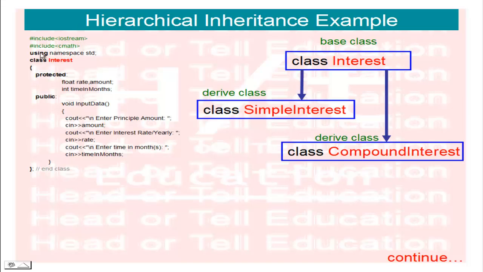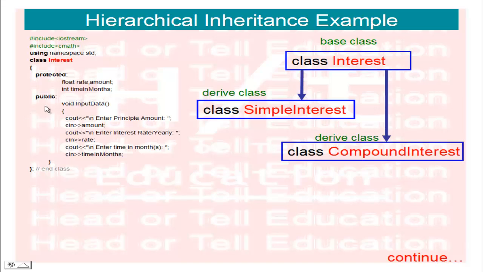Here I have included the header files, using namespace std, and created the class Interest. Under protected, I created member variables float rate and amount, and integer time in months.